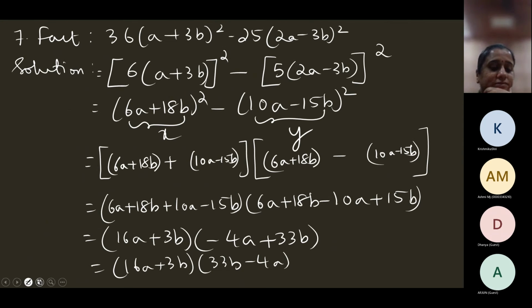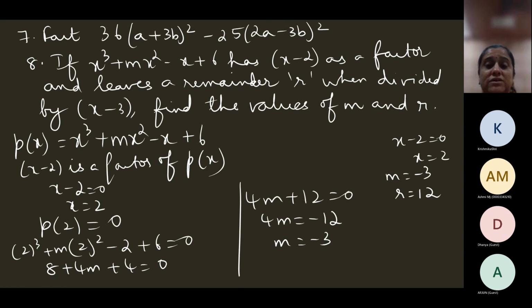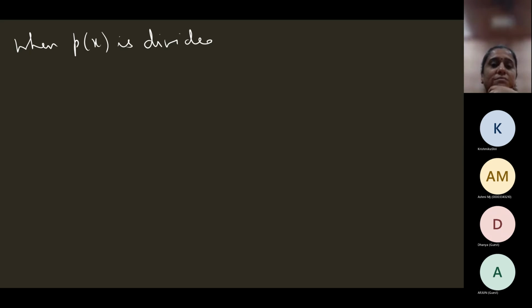Then what is given? x minus 3 leaves remainder r. So the next one: when P of x is divided by x minus 3, the remainder is r.